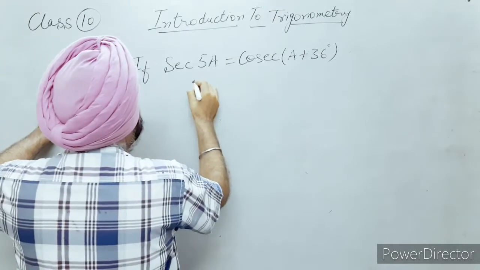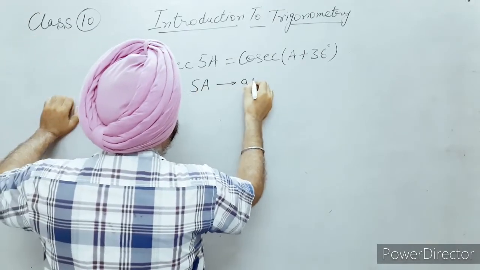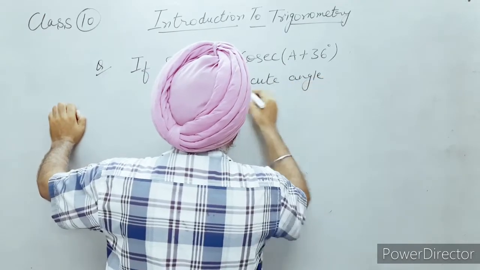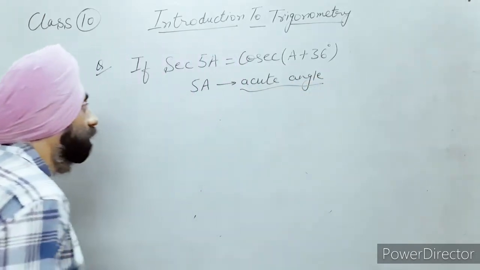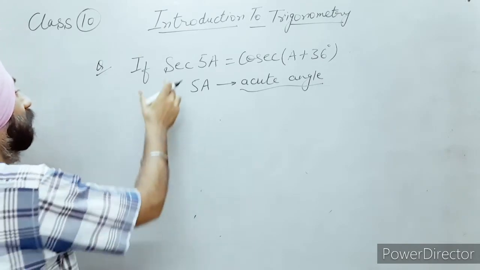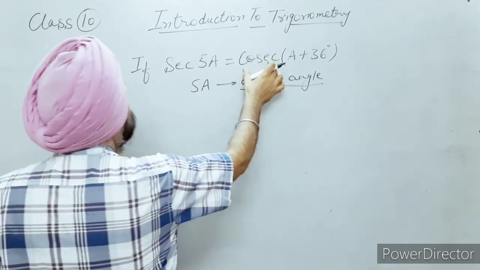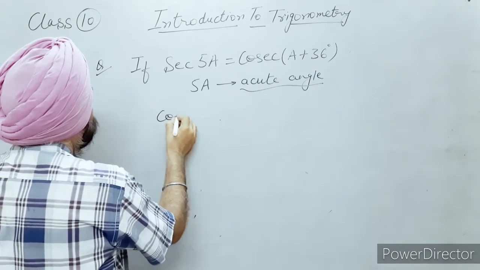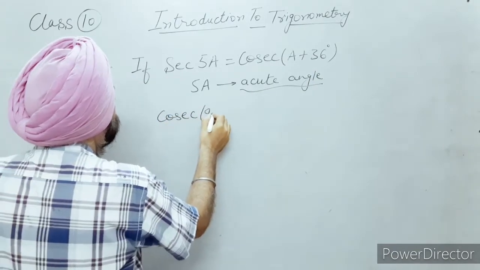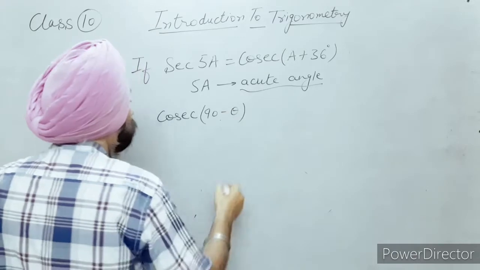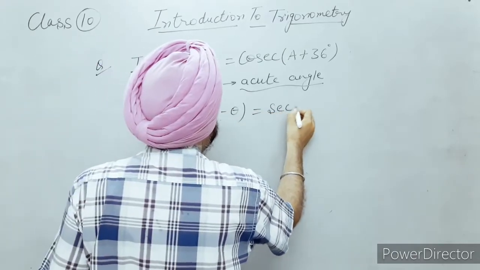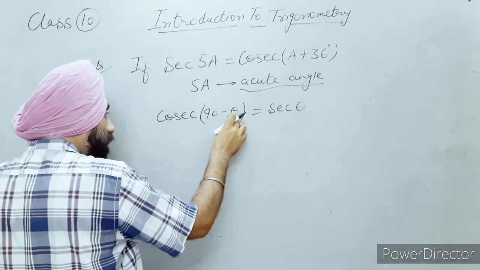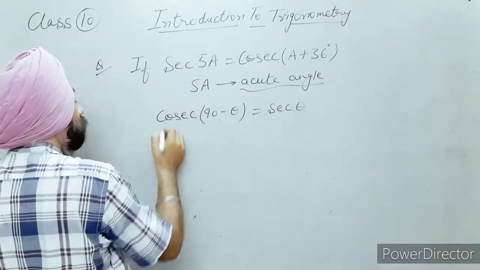Now, it is given 5a is an acute angle. That means its value is less than 90 degrees. Now what we can do, I can change this or I can directly change this. Now it's a secant. Look here. What is cosecant of 90 minus theta? This is secant of theta. I can write secant theta as cosecant 90 minus theta. So let me change this.